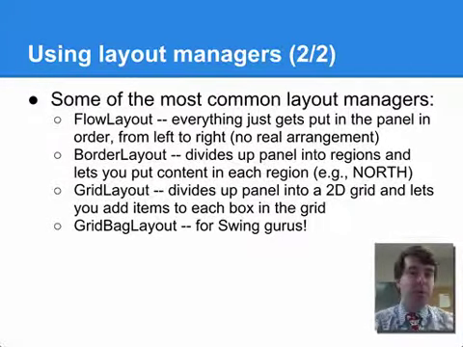There's GridLayout, which allows you to specify a two-dimensional grid for the JPanel, and then it will put each item into the appropriate box in your grid in the order that you add them. So if you say new GridLayout(3, 3), you can create a tic-tac-toe board.